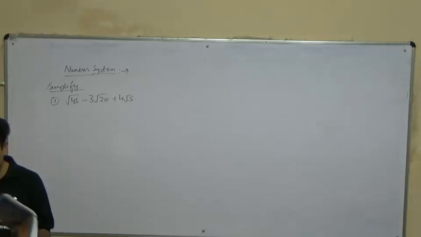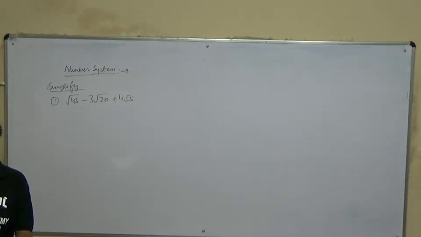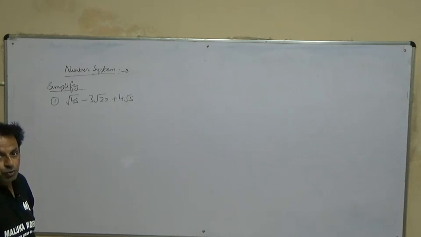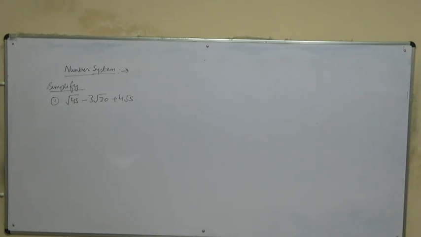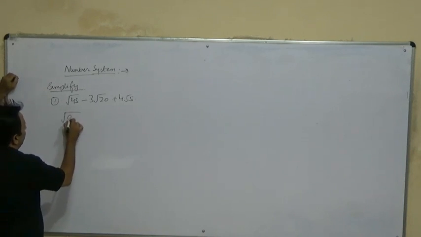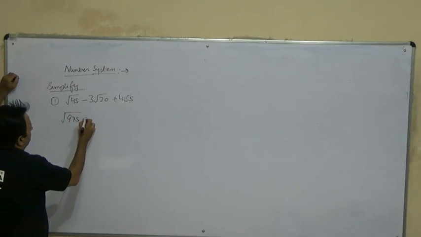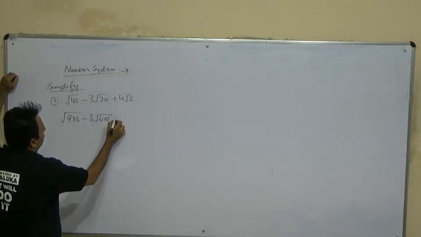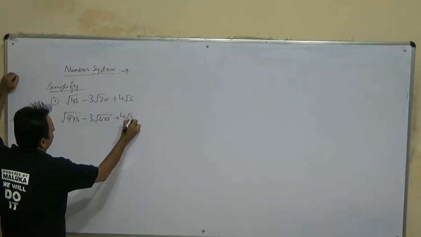सो इसको सिंप्लीफाई करेंगे। सो एज वी हैव डन लास्ट टाइम आल्सो, the number which is under root, we will make the possible rational factors of it, and those which can be taken out by having the square root. For example, this 45 can be written as under root 9 into 5, minus 3 under root 20 can be written as 4 into 5, plus 4 under root 5.